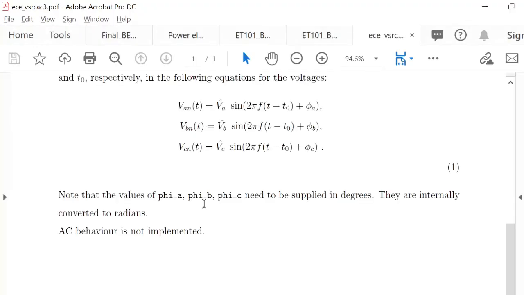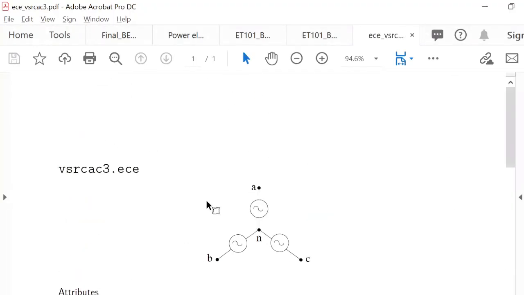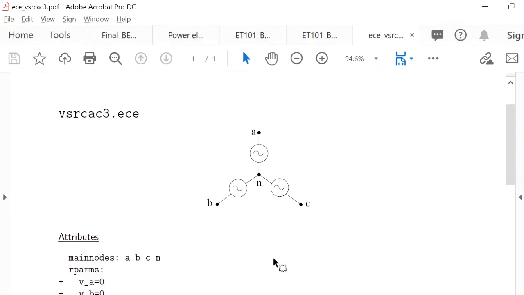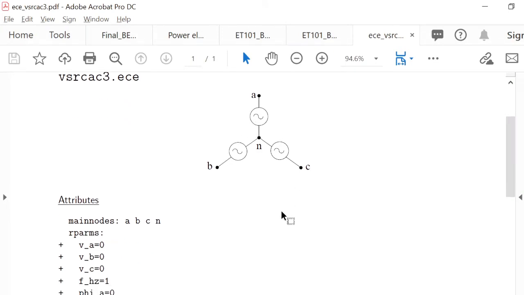So we can go here and find out that this is a system of three voltages which are connected in star. There is a neutral also.